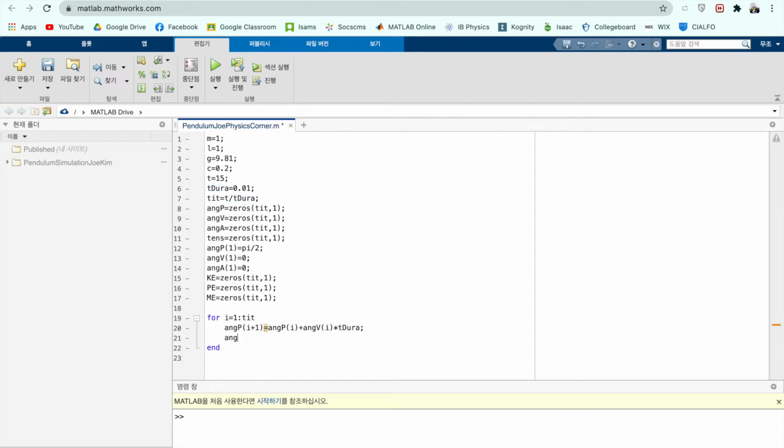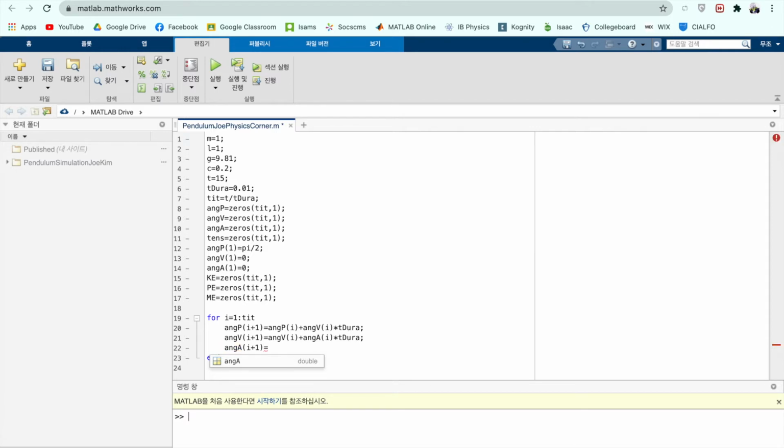And then I'm going to do the same for the angular velocity, on the same principle. Angular velocity at i plus 1 is the before value plus the angular acceleration of the before value times the duration, which is 0.01. And then I get angular acceleration at i plus 1, the after value.